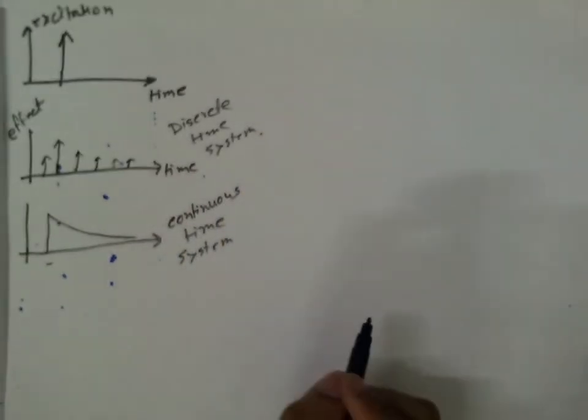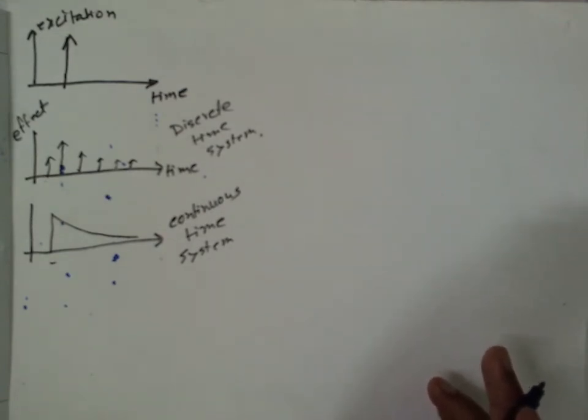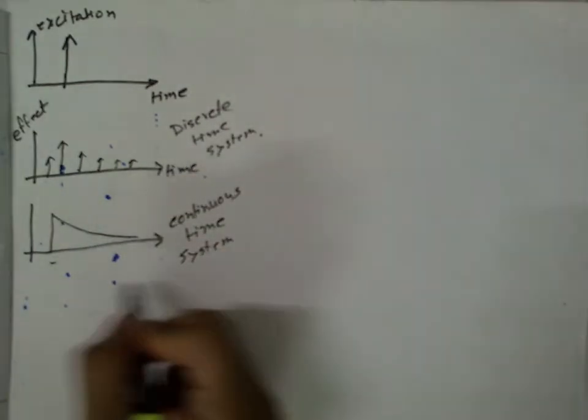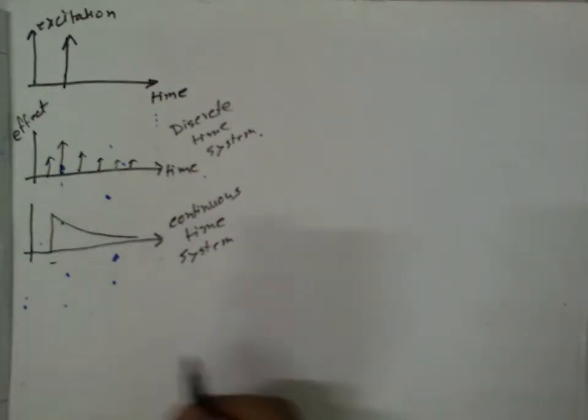We can have a lot of examples of these convolutions. We can think of many physical systems. Let me make up some examples for you in my mind. For example, think of a leaky capacitor.